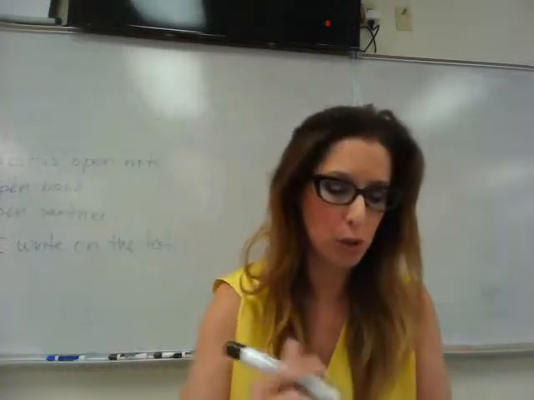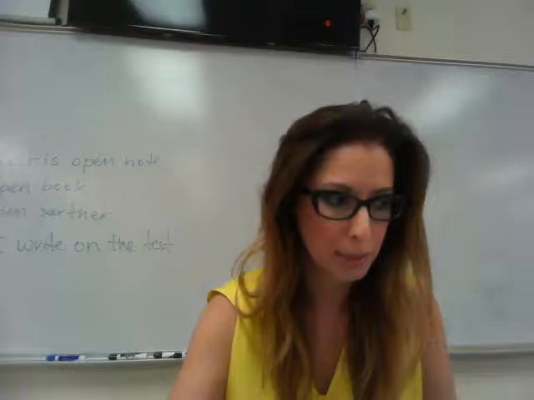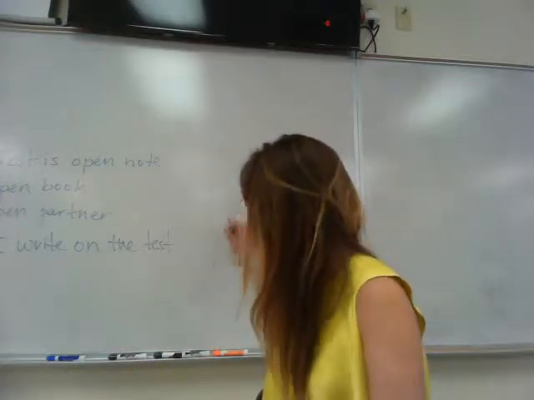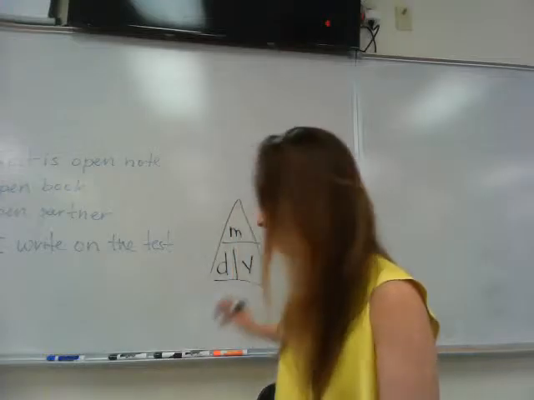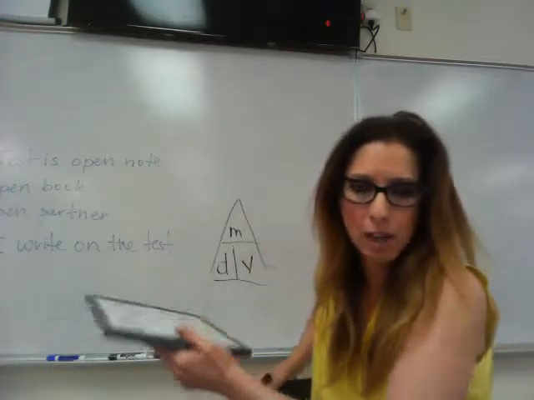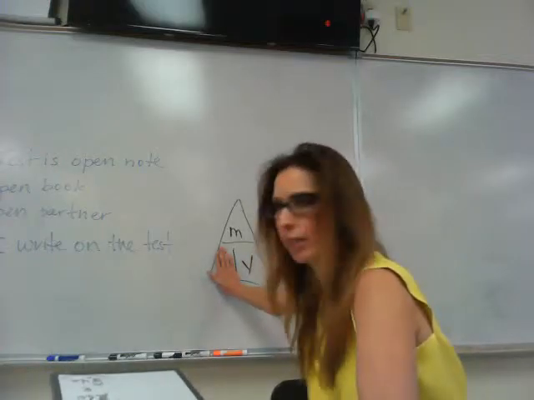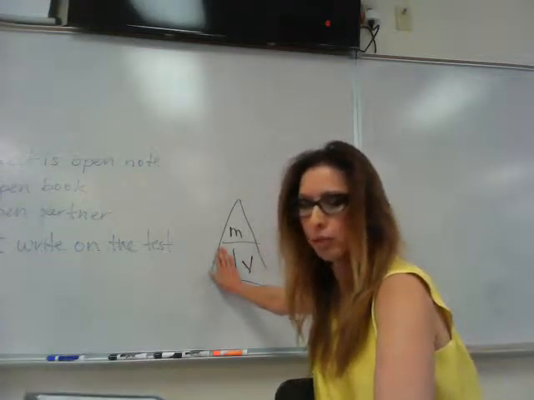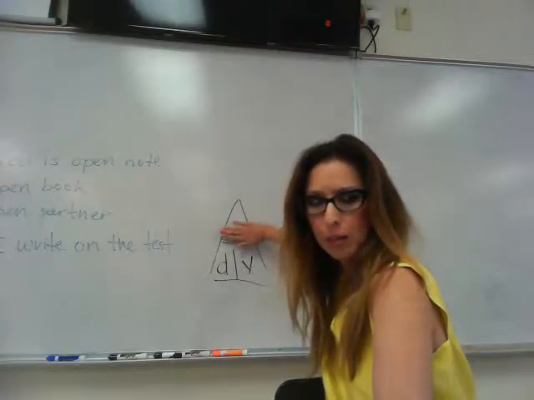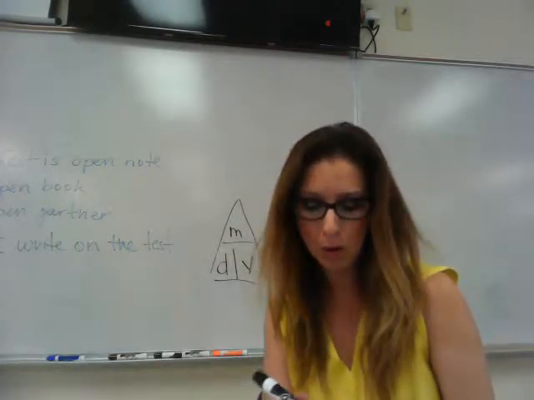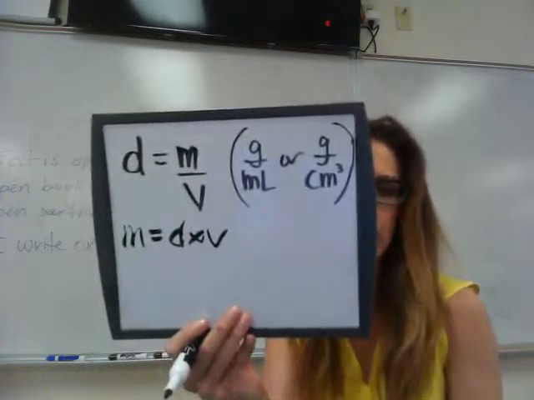If you're solving for mass, I should have kept my density triangle here, but I will write it back here. Before I explain solving for mass, if you're solving for density using this, just cover up the D, and it leaves you with mass divided by volume. If you're solving for mass, cover up the M, and it becomes density times volume. So mass is equal to density times volume, like this.